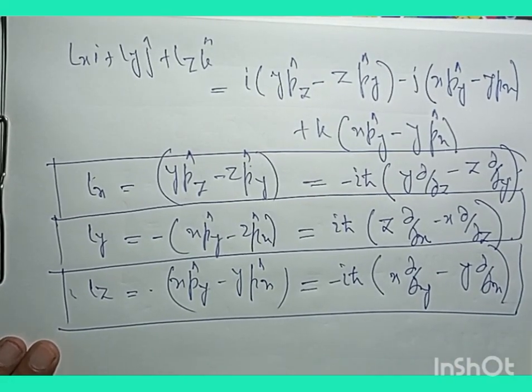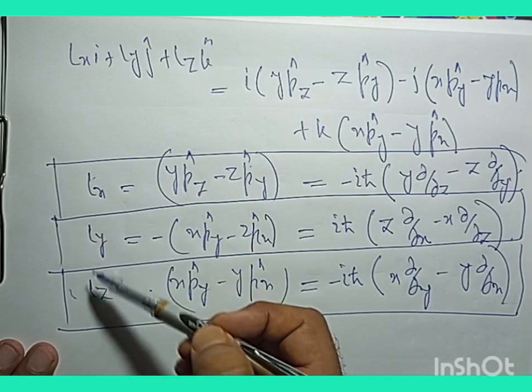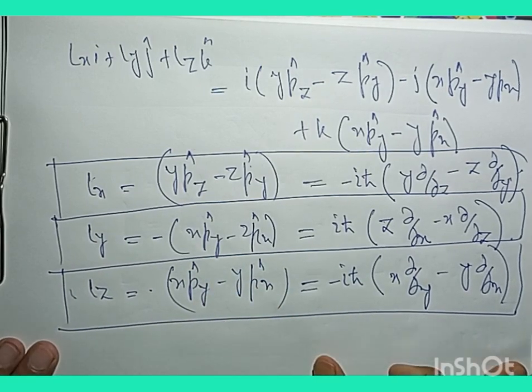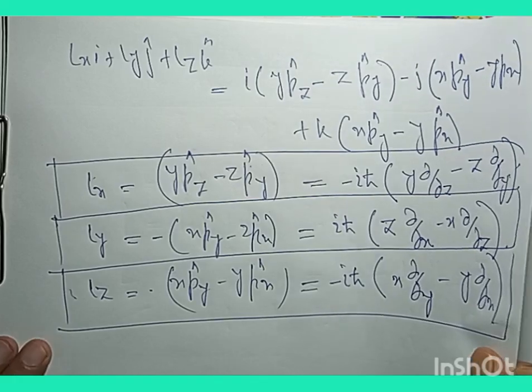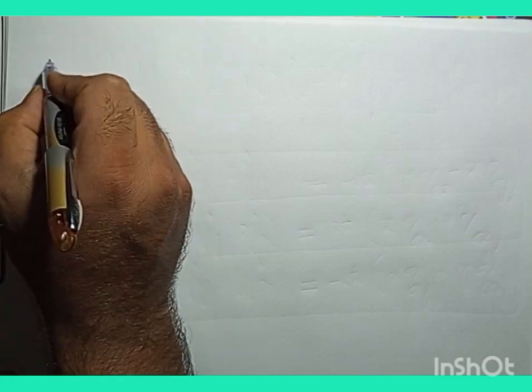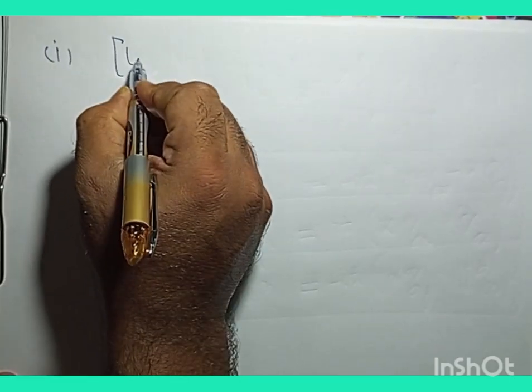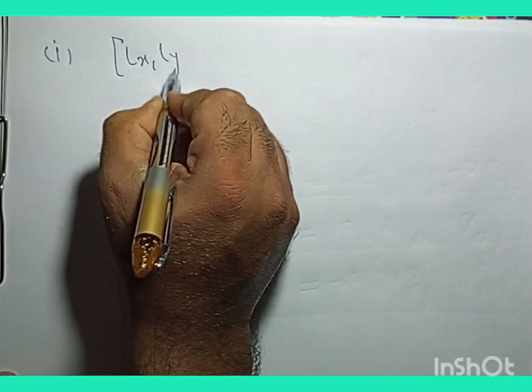Now, what is our motivation? What's our goal here? The goal is basically to obtain the commutation relations between Lx, Ly, and Lz. So let's take the first commutation relation and try to go for it. We will start with the commutator of Lx and Ly.